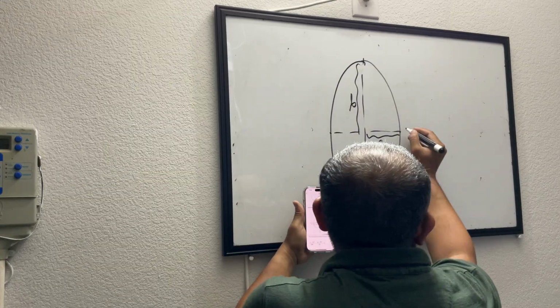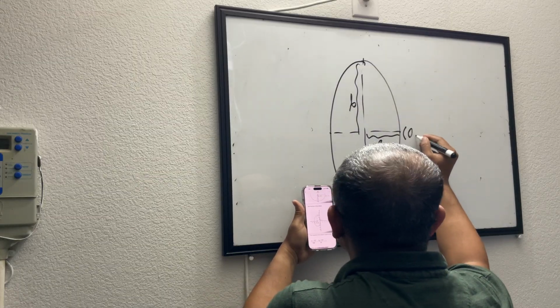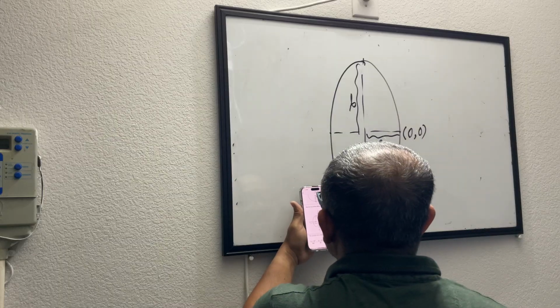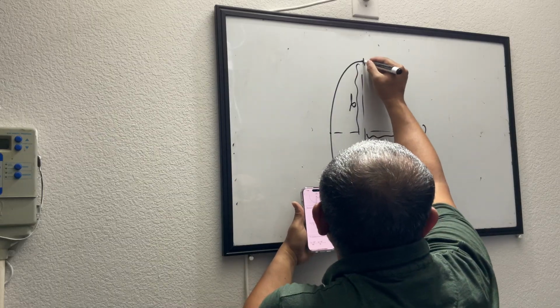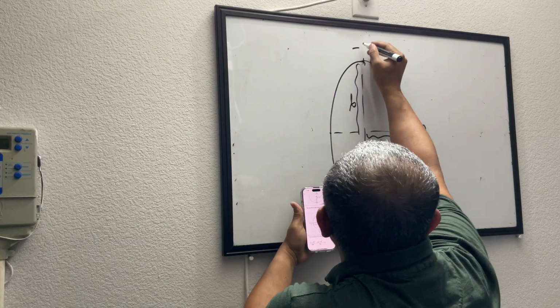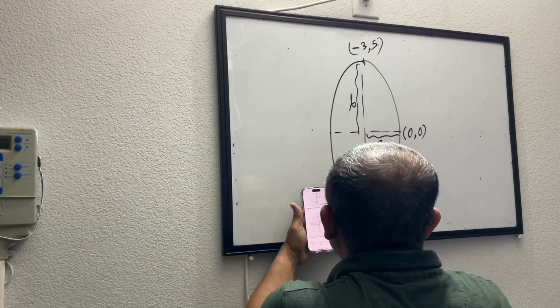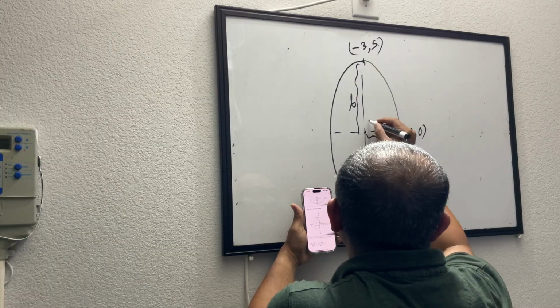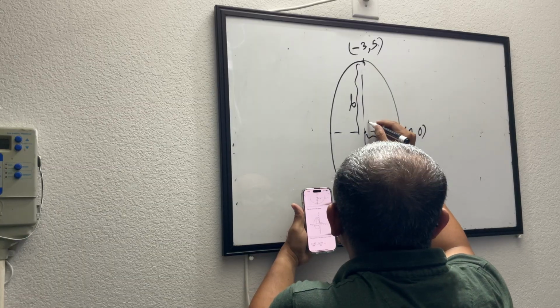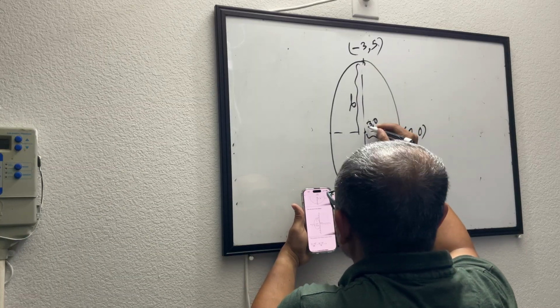Okay, the coordinates are given as 0, 0, and this coordinate is given as -3, 5, and this origin's coordinates are given as -3, 0.